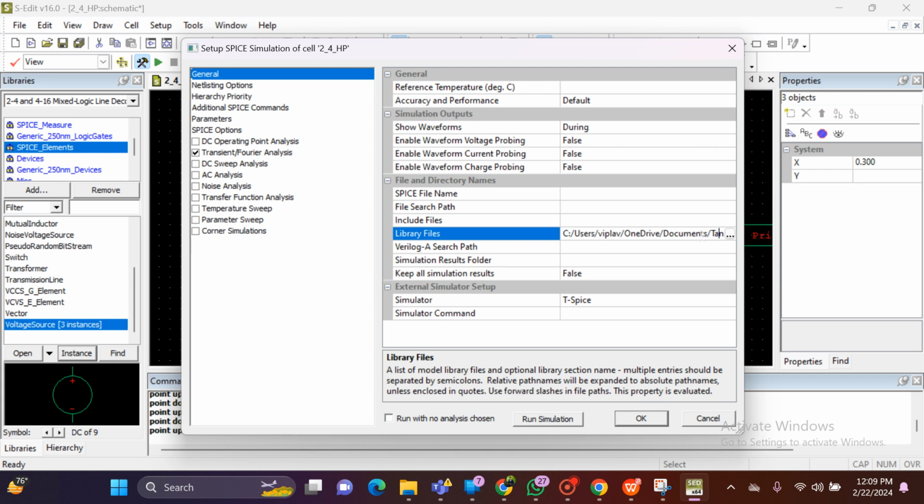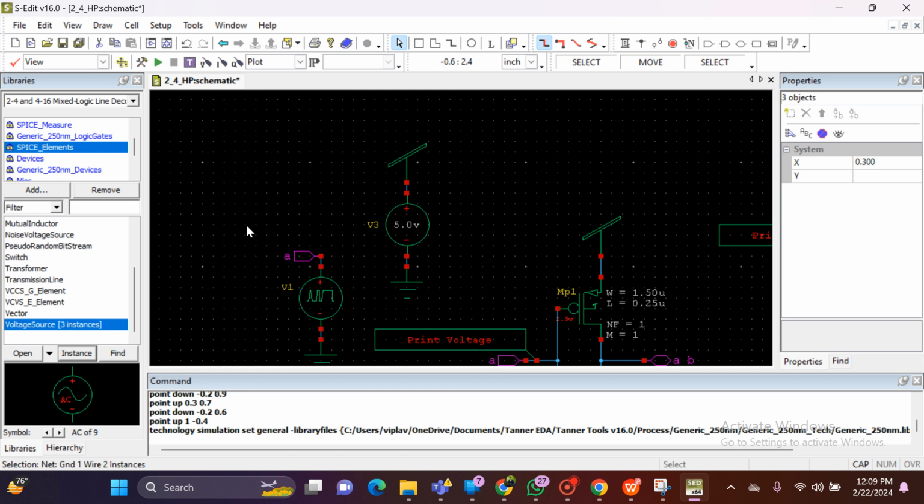And at last, give here a space and capital TT, typical NMOS, typical PMOS. Okay, so click on OK. Now you can see the start button here.